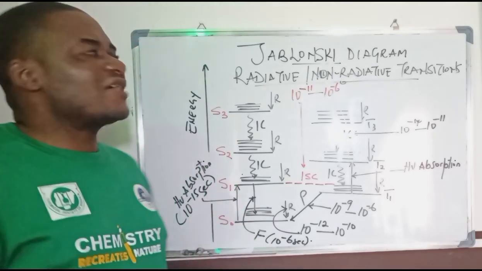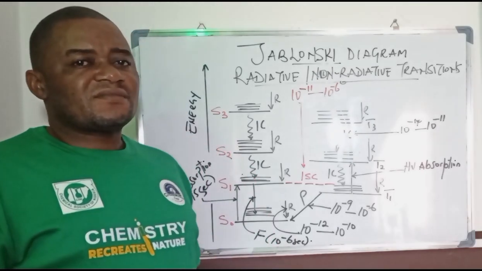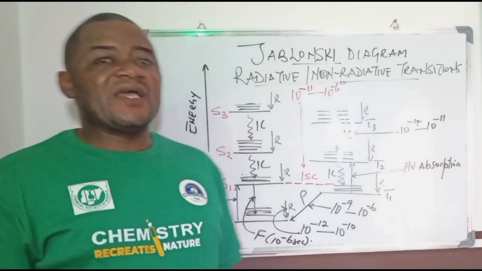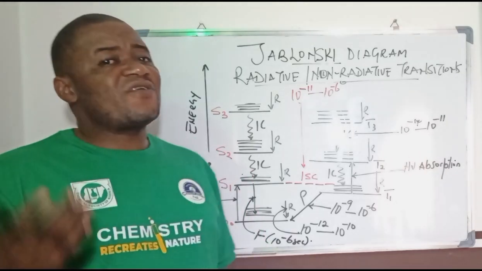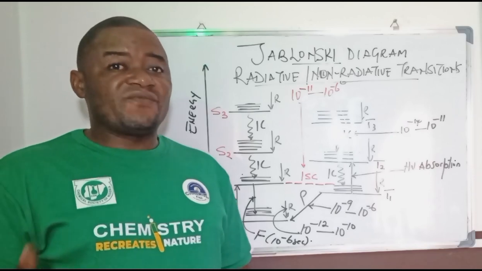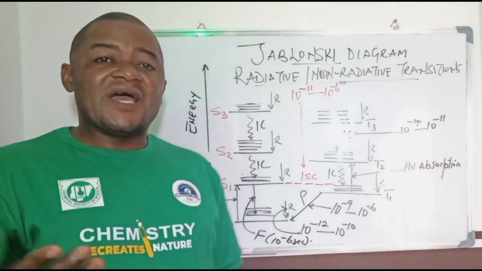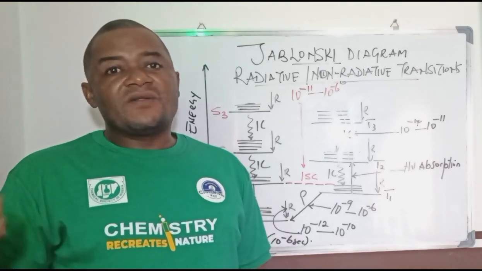Now, photochemical reactions are always noticed in everyday applications. A very quick one is photosynthesis, where plants generate their food using sunlight and water.